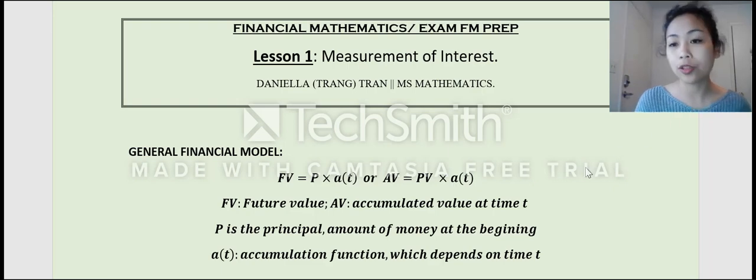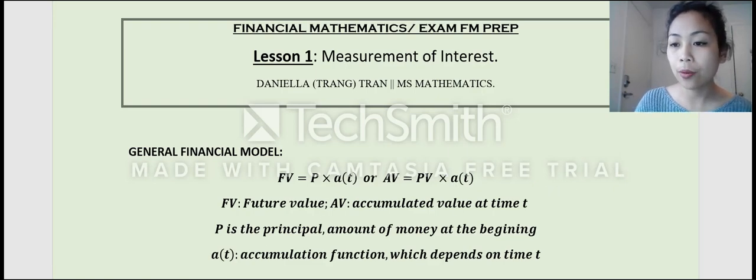P is the principal, basically how much you invested at the beginning, or if you get a loan, how much you get at the beginning. That means P represents the money at the initial time. And because accumulated value depends on time, AV is PV times a function of t, which I denote by A(t). A(t) is the accumulation function, which depends on time t.